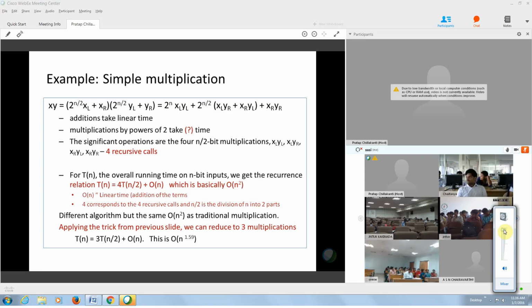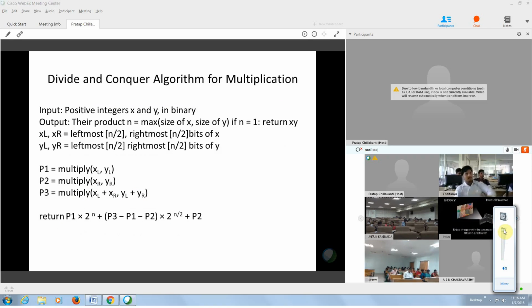So going from order of n squared to order of n raised to 1.59, which let's round out to 1.5 or 1.6, makes a huge difference. This is the essence of algorithmic analysis: how do we always come up with algorithms where the big O is less and less?